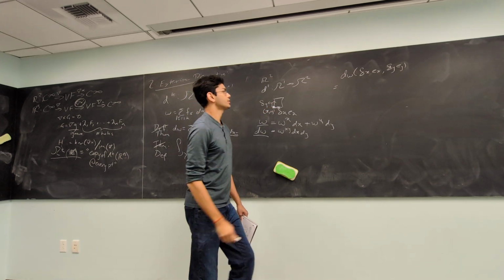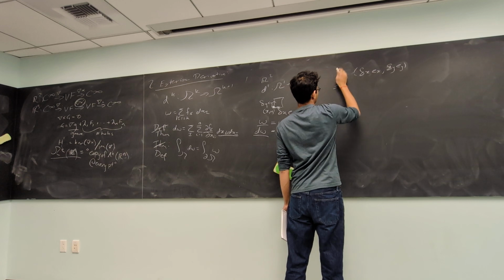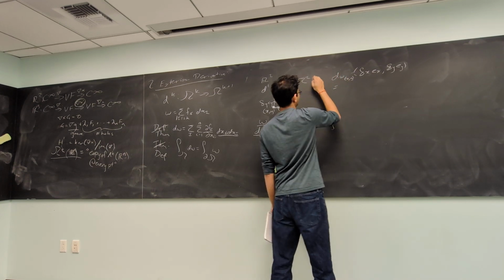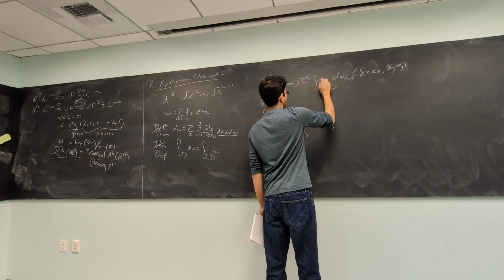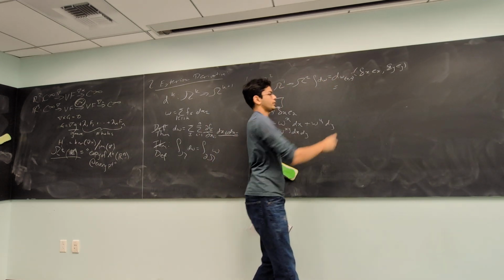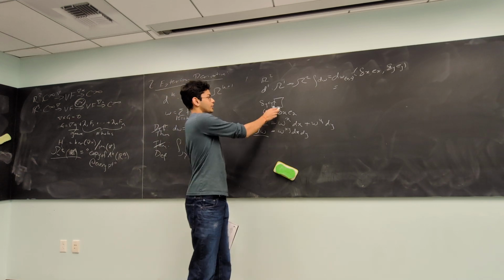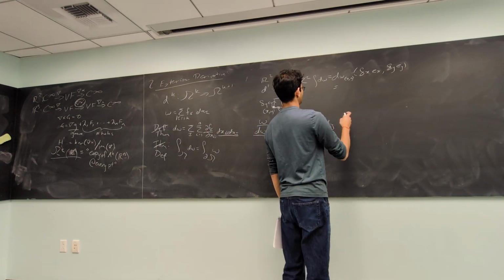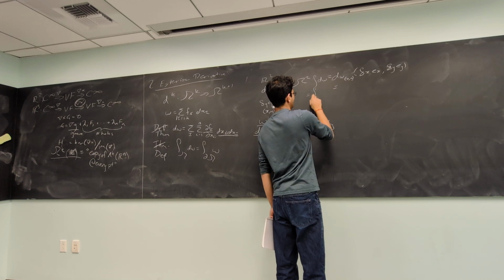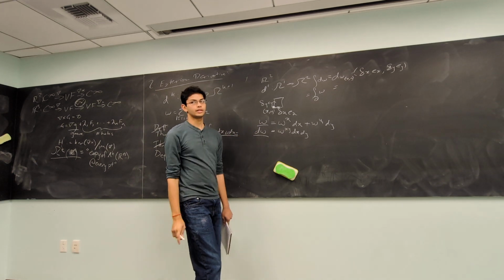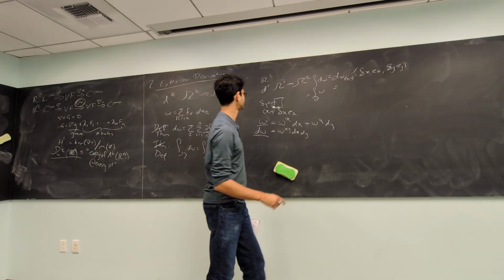I'm going to use subscripts to denote what point is being evaluated at, because we're going to need that in a bit. Cool. And this is going to be equal to the integral of omega over the boundary of this square, which means we traverse the boundary and evaluate omega on each side.